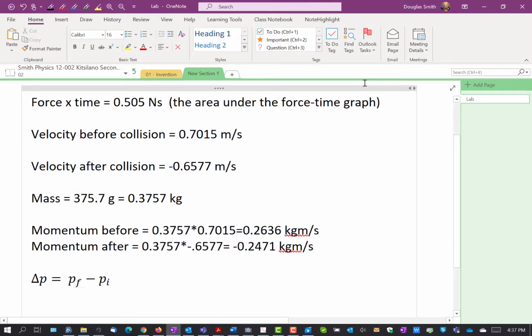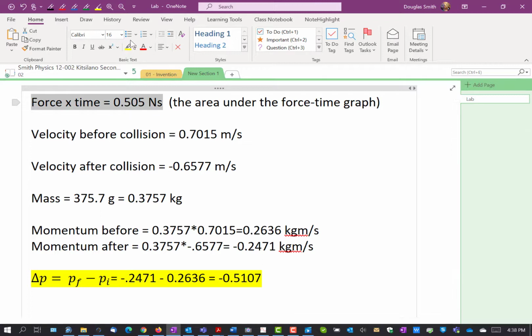Okay, so that's equal to negative 0.2471 minus 0.2636. That is it. Well, will you look at that? That and that look to be really similar.